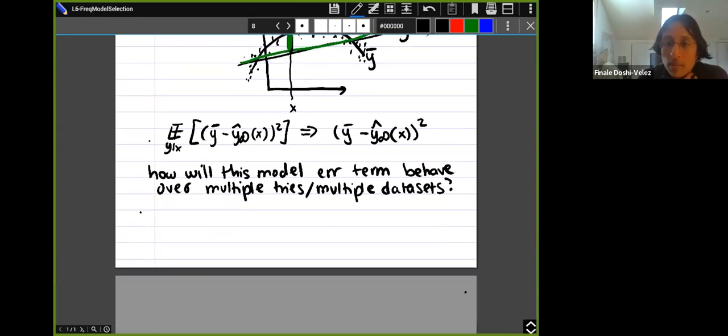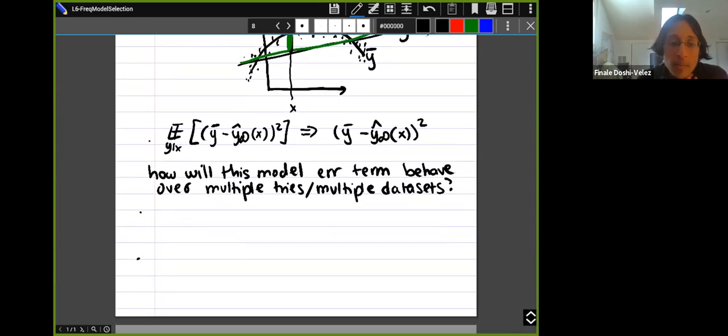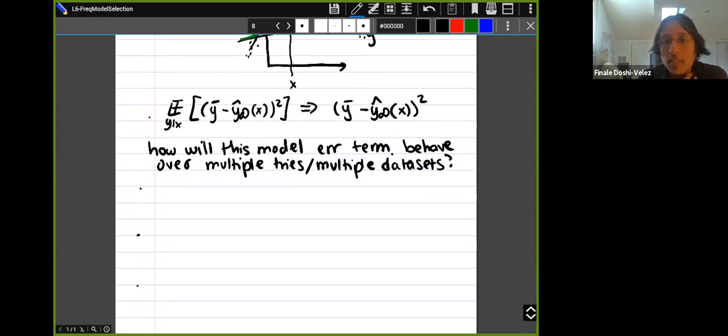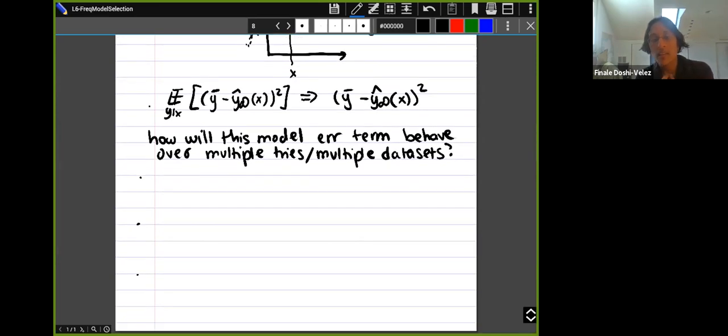What is that term going to look like in expectation? Because this is fixed to a particular data set, but I'm curious about its behavior overall. It's hard to think about any particular data set, but I want to understand what it's going to look like in general. If I were to sample data sets, is there going to be a lot of variation? What's it going to look like as I play around with these different terms? So now I'm going to introduce this additional expectation.